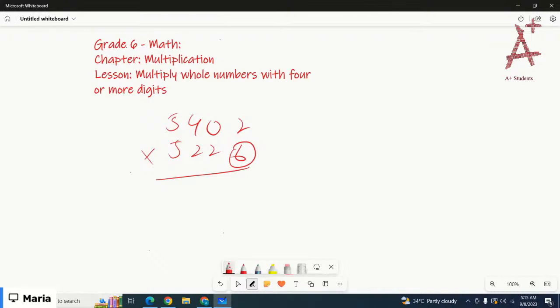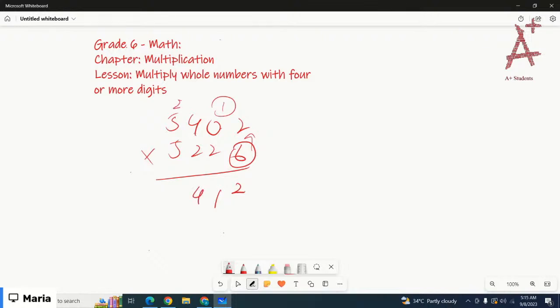6 times 2 is 12. Write 2 over here and carry 1. 6 times 0 is 0. 0 multiplied by any number is 0, but you have to add the carry, right? So 0 plus 1 makes 1. Then 6 times 4 is 24.